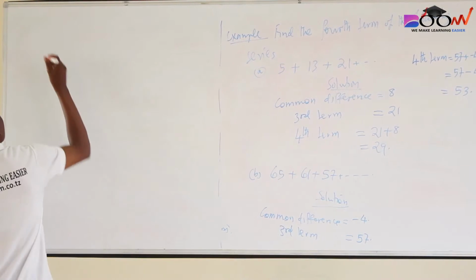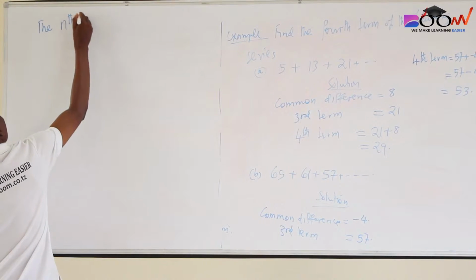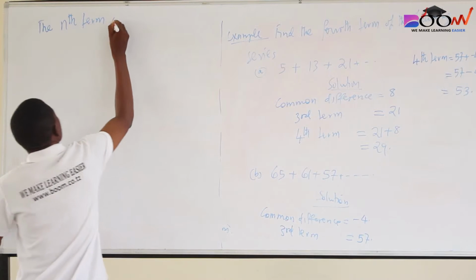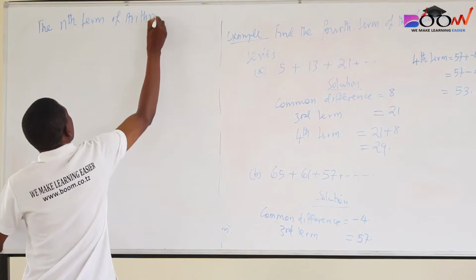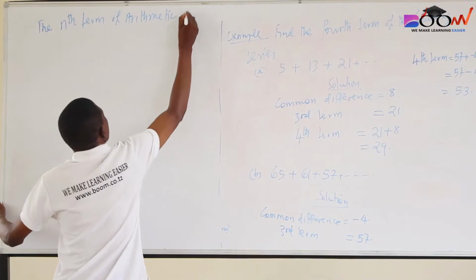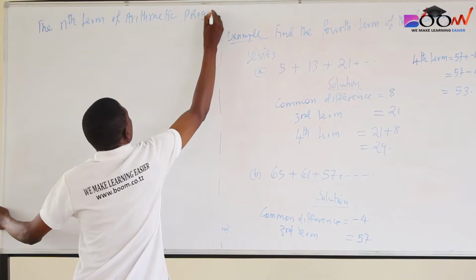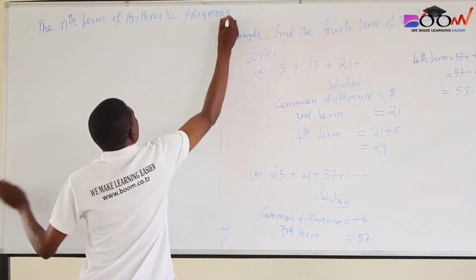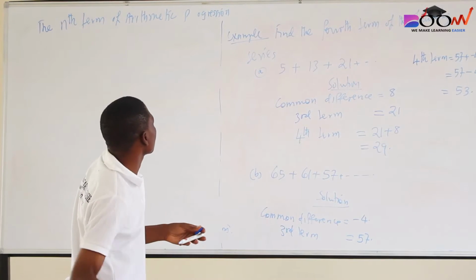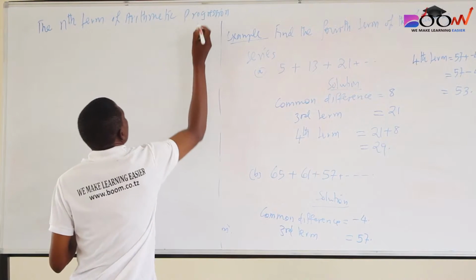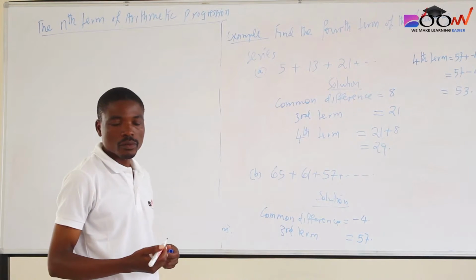So let us now talk about the nth term of arithmetic progressions. So we are talking about the nth term of arithmetic progression, that is, talk about AP.